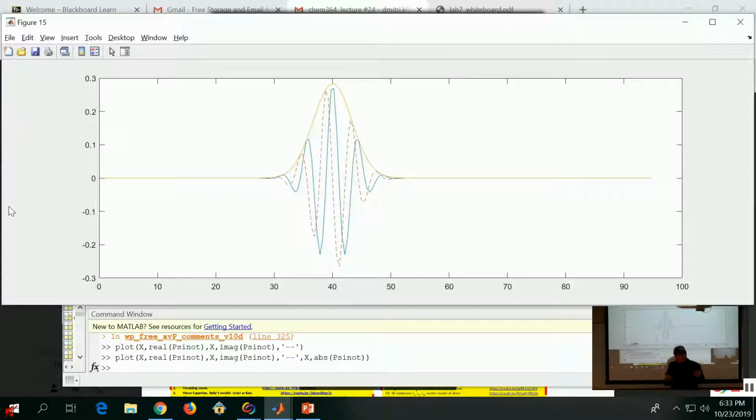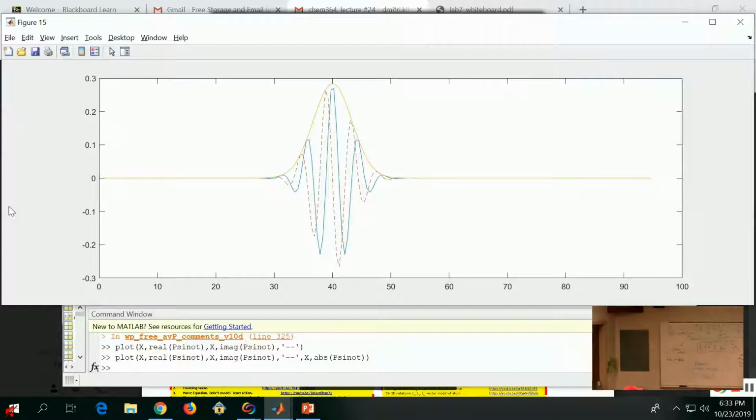Make sense? So we did answer the reason of this plane wave component.